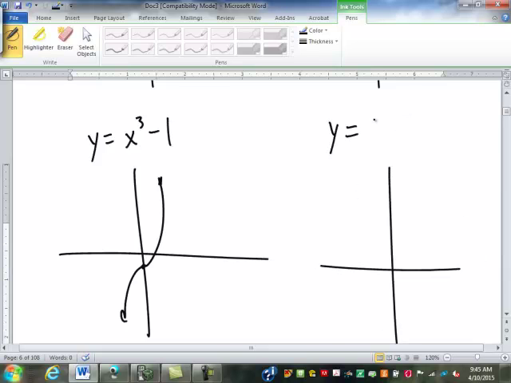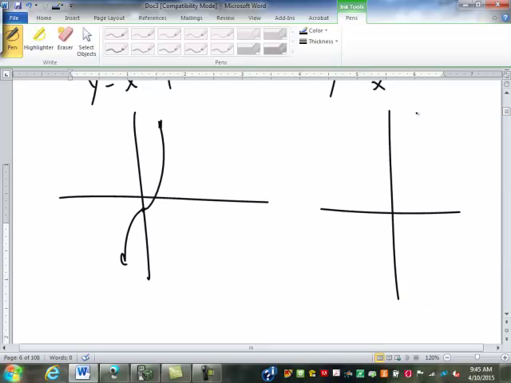Number 8, 8 divided by x. Okay, this one's kind of a weird one. I think I gave you numbers like negative 8, negative 4, negative 2, negative 1, 1, 2, 8. If we put in negative 8, we would have a negative 1 here. Put in negative 4, we'd have a negative 2. Negative 2, we'd have a negative 4. Negative 1, we'd have a negative 8. You get a curve that looks something like this.